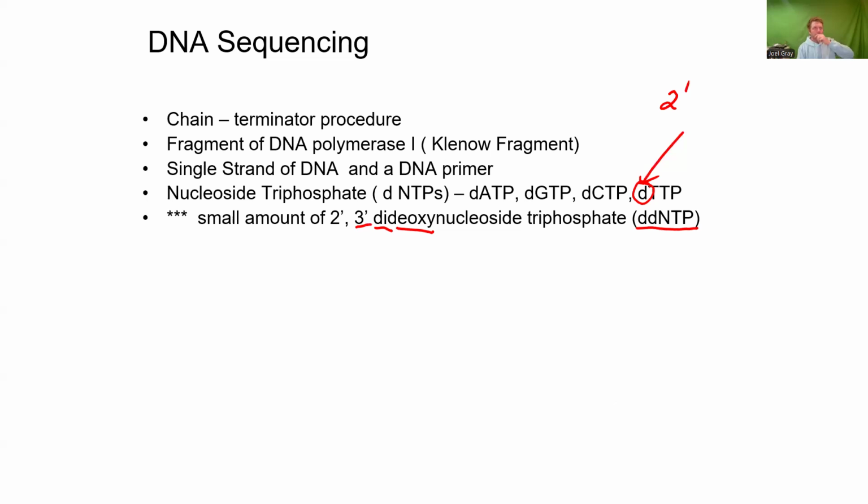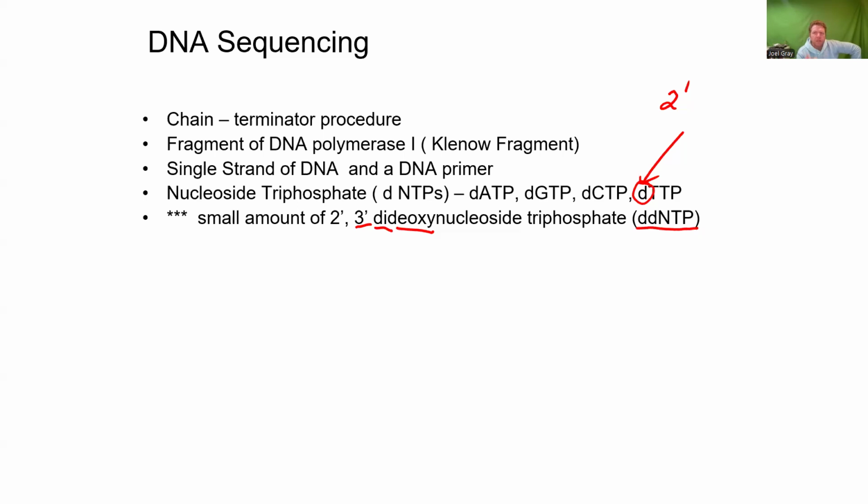Now, 3 prime. Could anyone tell me, when we talk about a phosphodiester linkage, which carbons are connected between two different sugars? What are the carbons that are linked there? 5, but I want to clarify, I'm not seeing prime. It is important to say 5 prime and 3 prime.